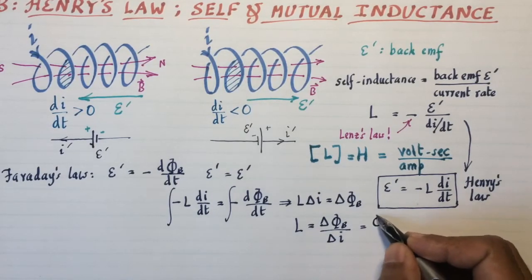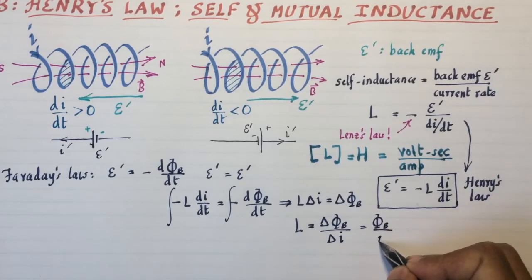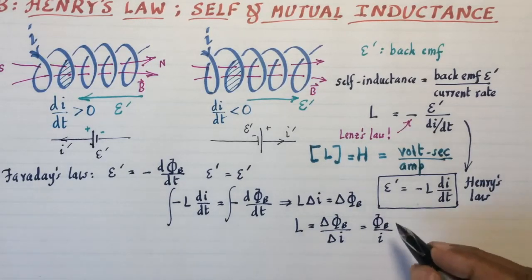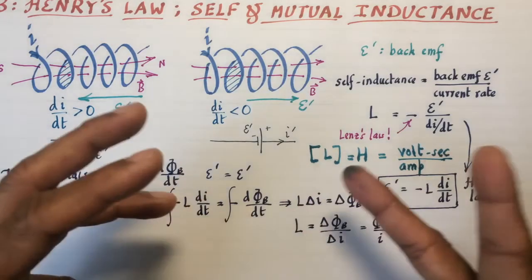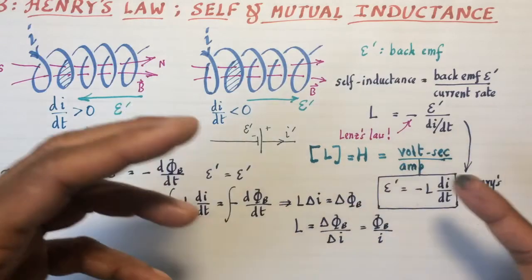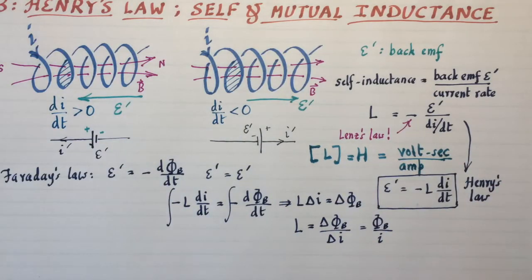So this just turns out to be the new flux divided by the new current. So that's a great way to measure the inductance of any coil. Now coils can be very complicated. You can have a coil that suddenly increases in the number of turns or suddenly changes its cross-sectional area. So working all those things out using calculus is a nightmare. So you can actually do this experimentally and get the self-inductance very nicely.